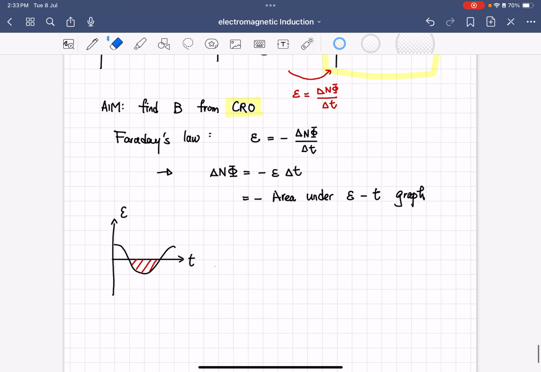This is the area that we can numerically find because we have this graph. So this, we call it the area.